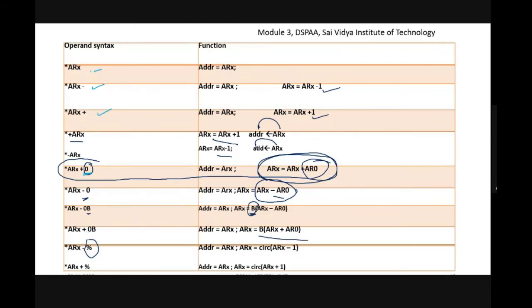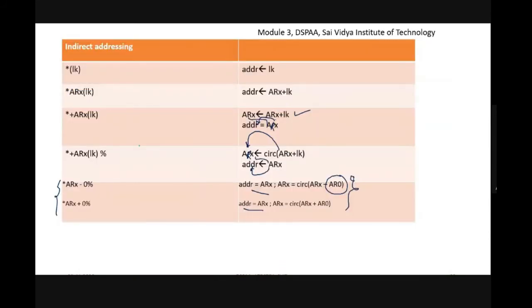Then if a percentage symbol is there in any instruction, it is a circular addressing mode. So *ARX minus percentage symbol, then address is equal to ARX. Later ARX is equal to circular addressing of ARX minus 1. So ARX plus the percentage symbol, then a circular addressing of ARX plus 1. So we have little variations, so we have to identify and do it.